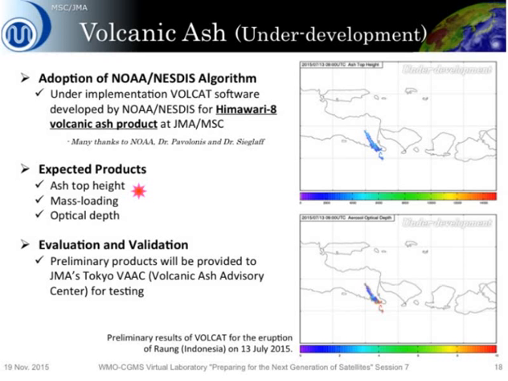The preliminary volcanic ash products of Himawari 8 are planned to be experimentally provided to JMA's Tokyo VAAC for evaluation and validation. This figure shows preliminary results of VOLCAT for the eruption of Raung volcano in Indonesia on 13th July 2015.